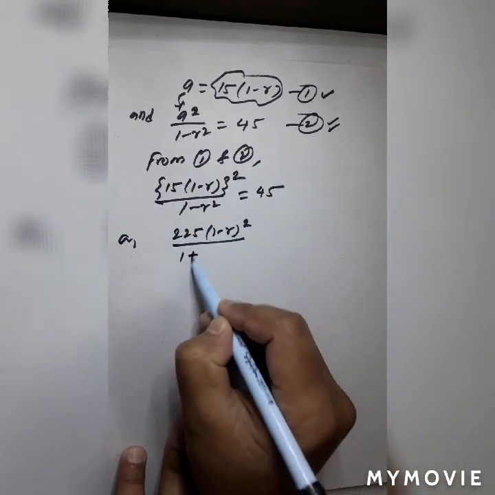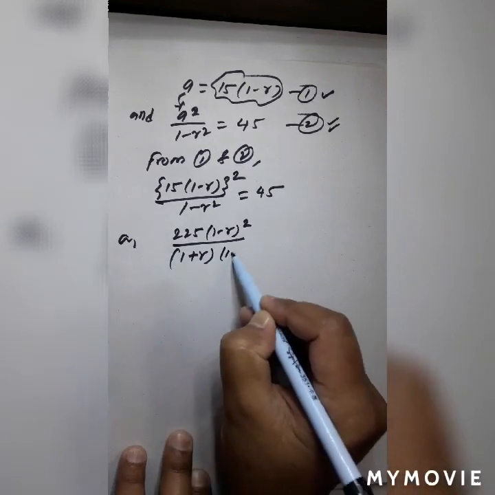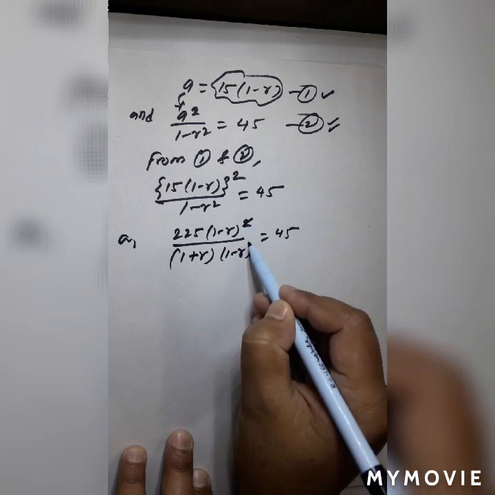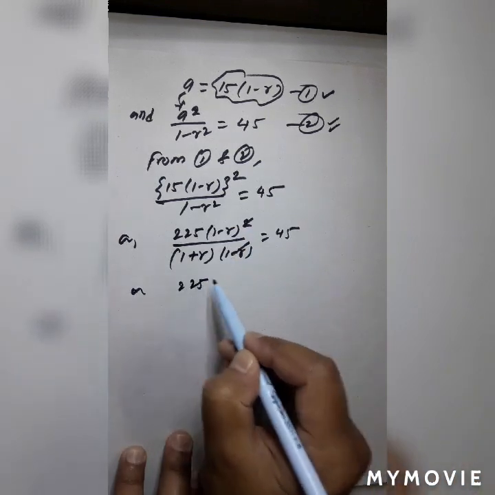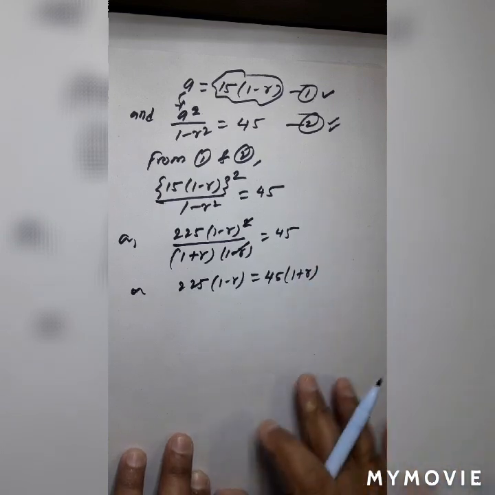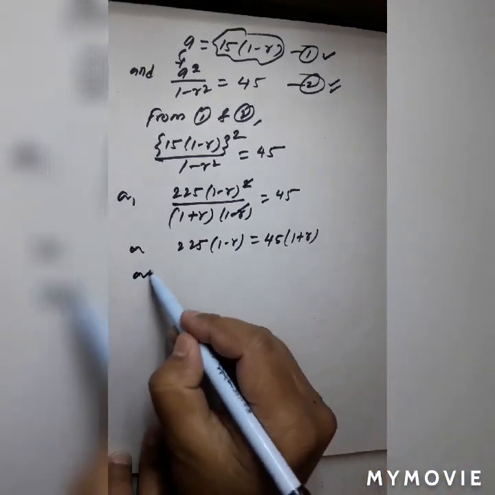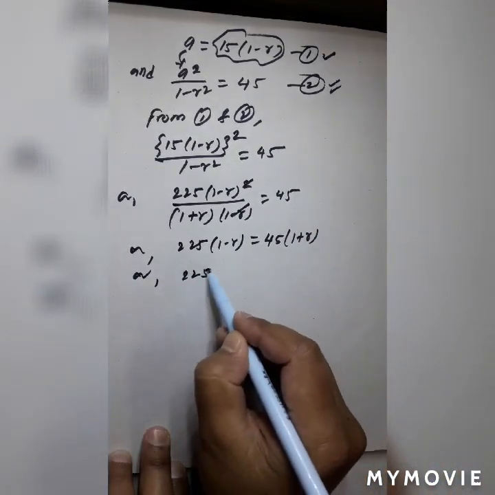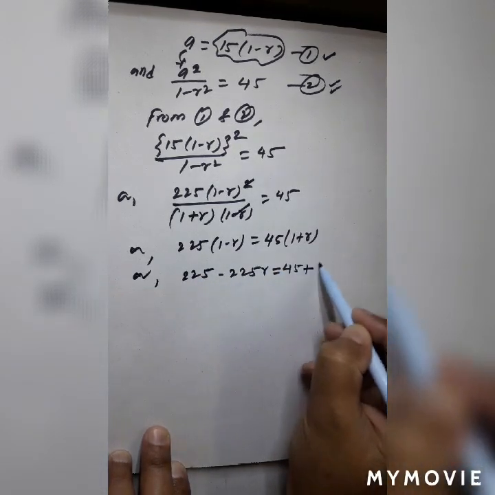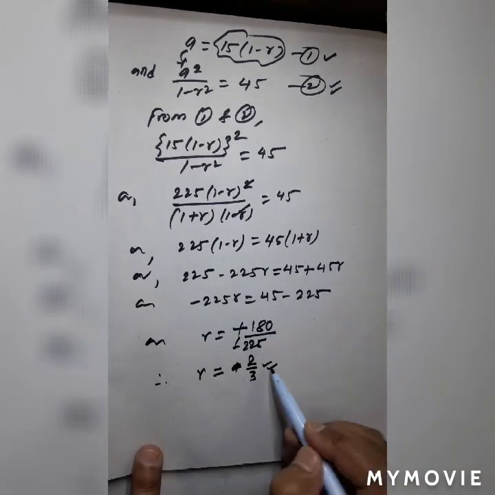We can open 1 minus r square as a square minus b square, so it is 1 minus r into 1 plus r. We can cut the common factor: 225 into 1 minus r equals 45 into 1 plus r. Simplify this: 225 minus 225r equals 45 plus 45r.